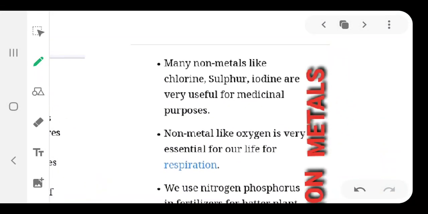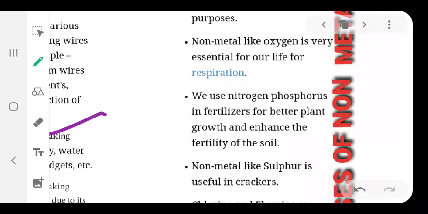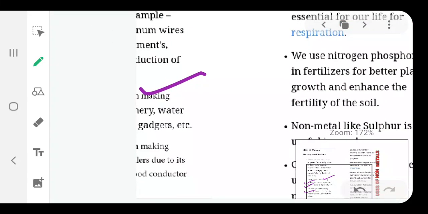In the case of non-metals, we have many applications.